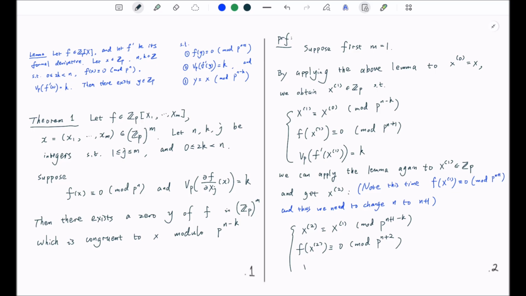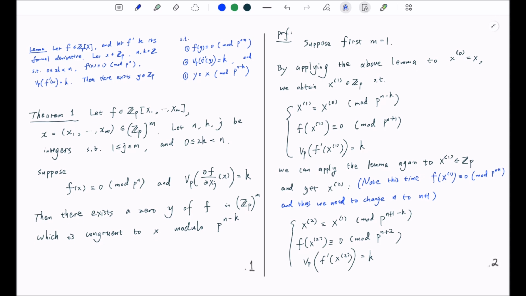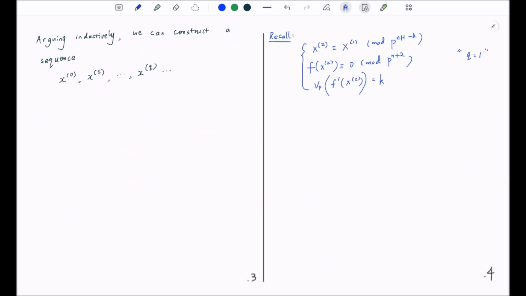And thirdly, the p-adic valuation of the derivative of f at x superscript 2 is still equal to k. This is not changed. Now, by repeating this procedure and arguing inductively, we can construct a sequence satisfying these. Now let's compare it to the case when m is equal to 1.